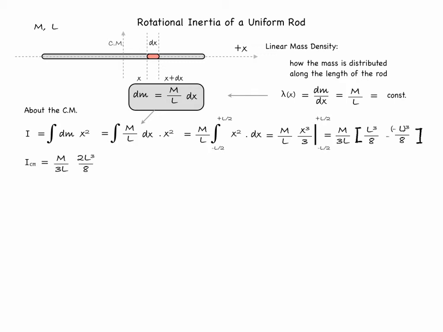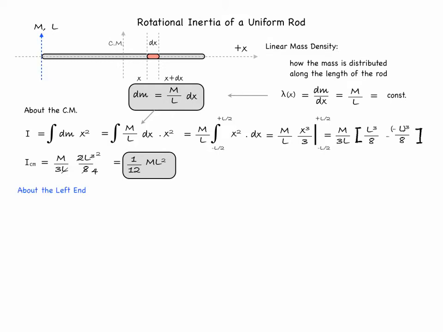Or, for the rotational inertia of the rod about an axis through its center of mass, we get the mass of the rod over 3L times 2L cubed over 8. We can simplify this expression by canceling L and one factor of 2 to get the final result of 1/12 of m L squared.